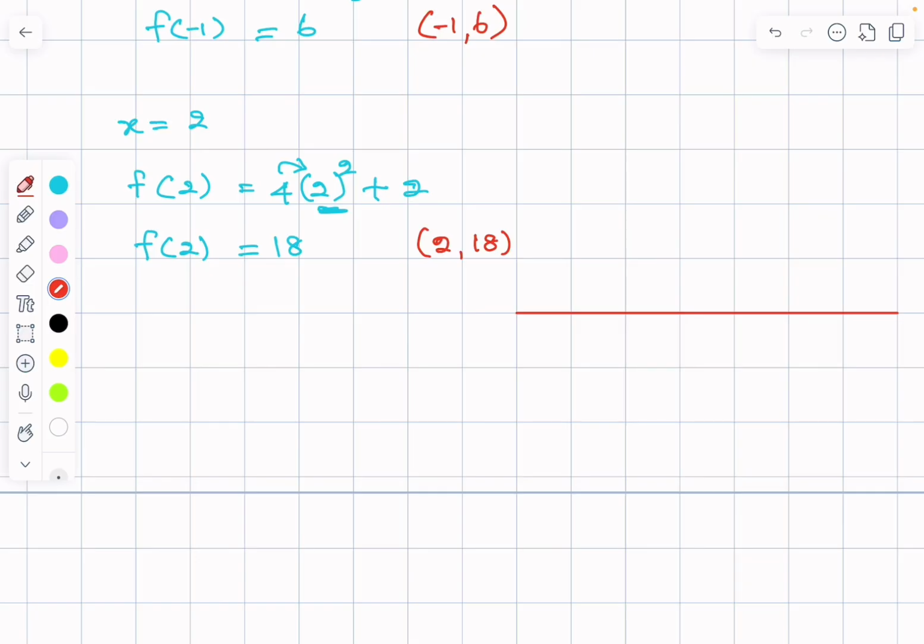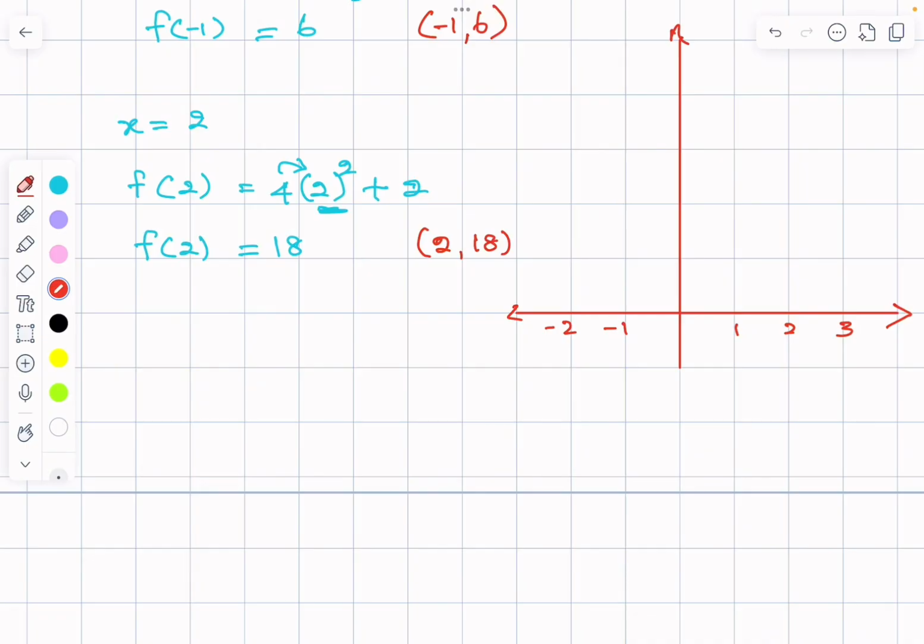Let's draw the graph. 1, 2, 3 to this side, and -1, -2 to this side.